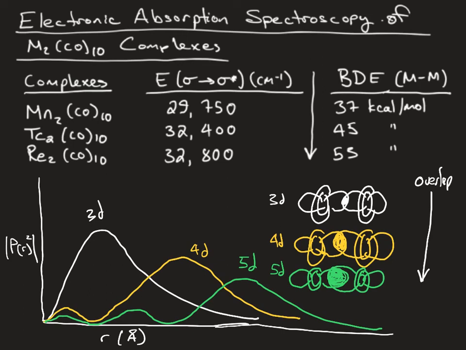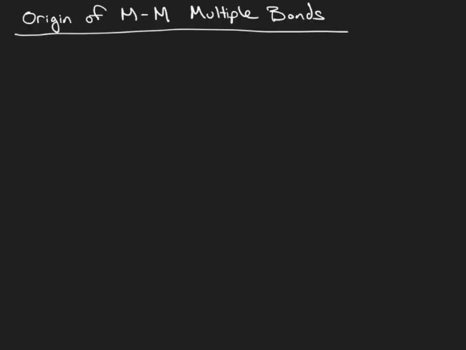This is a common feature. If we look at metal-metal bond dissociation energies, first row transition metals are much weaker than second row transition metals, which are generally weaker than third row transition metal-metal bonds. We're now going to very briefly talk about the origin of metal-metal multiple bonds.